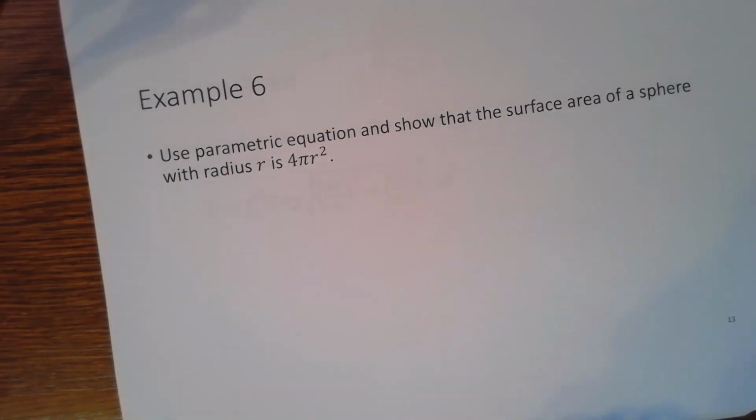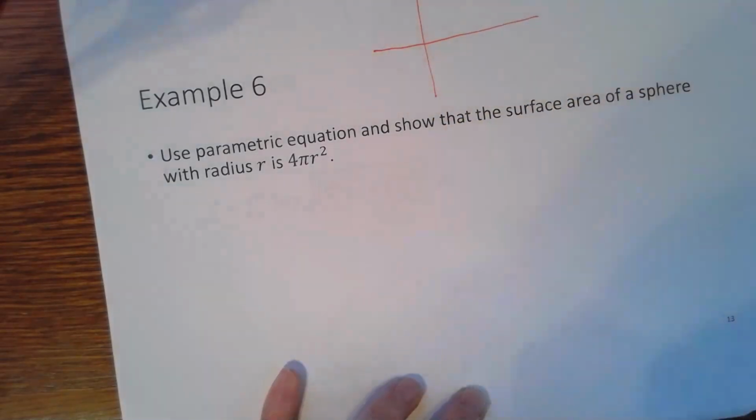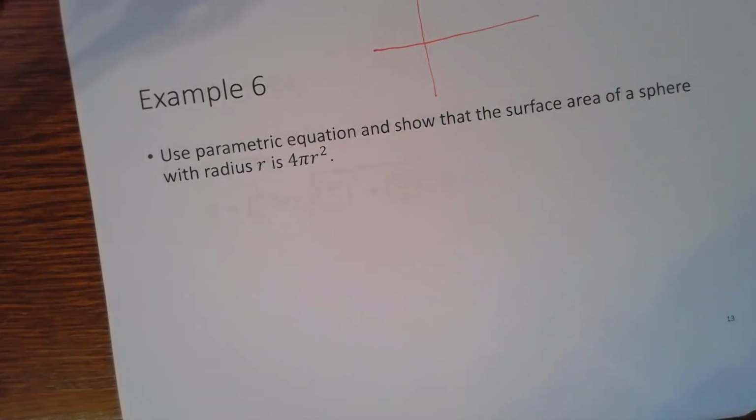All right. So, using that formula for surface area, we want to show that the surface area of a sphere with radius r is indeed the formula that we know, 4 pi r squared. Okay, so how would I generate a sphere?